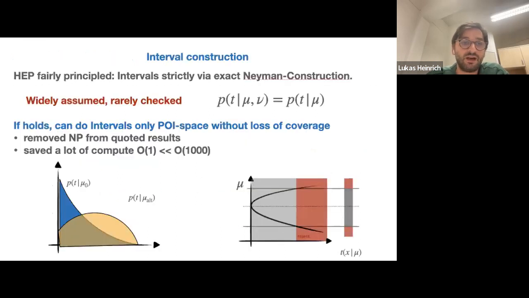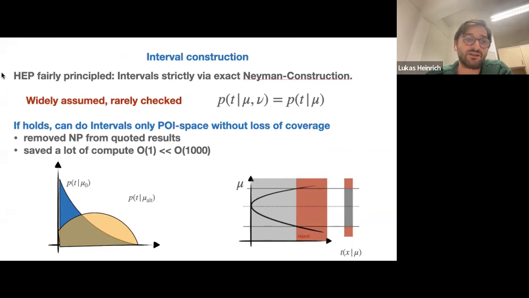And then if we want to do, for example, interval construction, I would say high energy physics is actually fairly principled. I had an interesting discussion with Mika about Neyman constructions and so on. High energy physics doesn't budge here, and we actually do a strict Neyman construction in order to do our frequentist intervals.